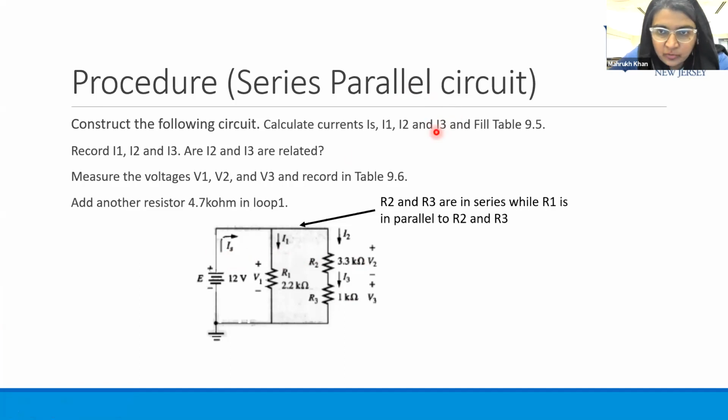There is no I3, you don't have to find it, and you have to do table 9.5.